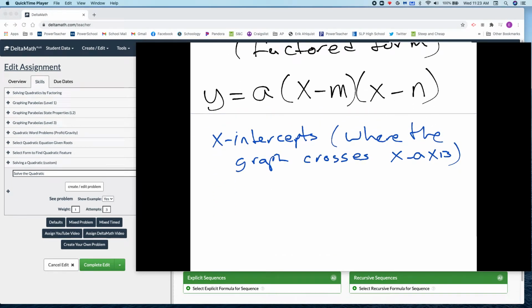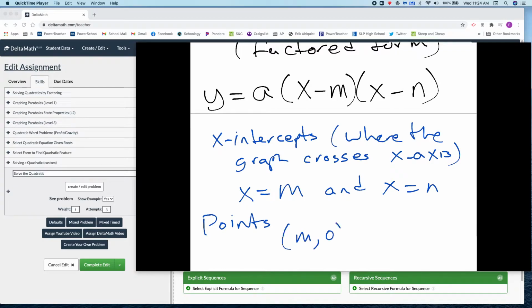Those values are x is equal to m and x is equal to n. So they're the points (m, 0) and (n, 0). So when you're asked to figure out what it looks like, know that that's true.